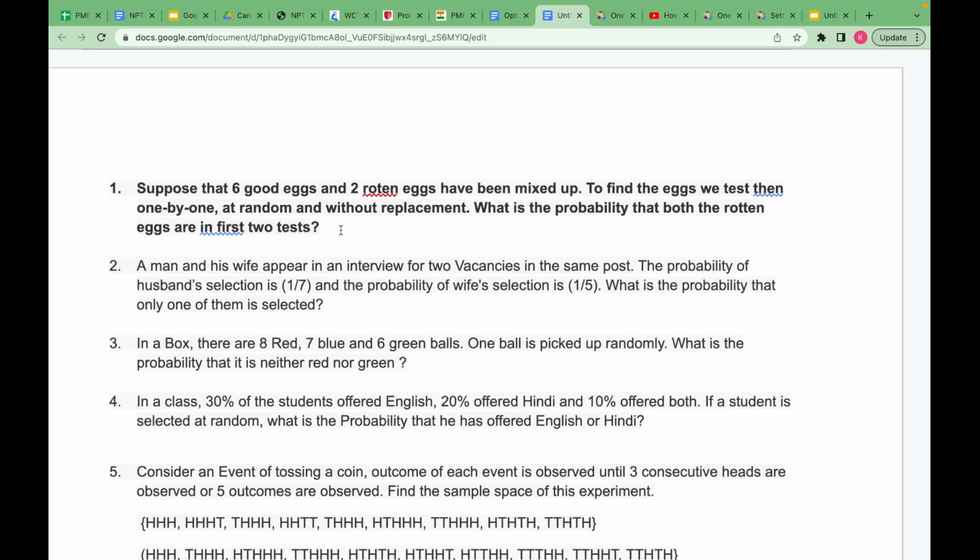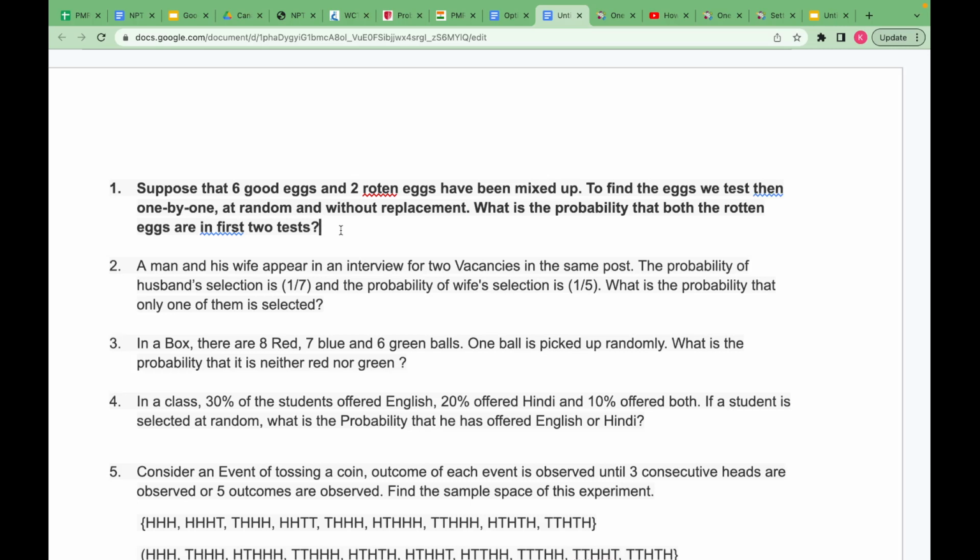Now the remaining rotten eggs will be 1 and total eggs will be 7. So the next probability of a rotten egg will be 1 by 7. But this 1 by 7 is dependent on the previous event that the first rotten egg is removed, right?